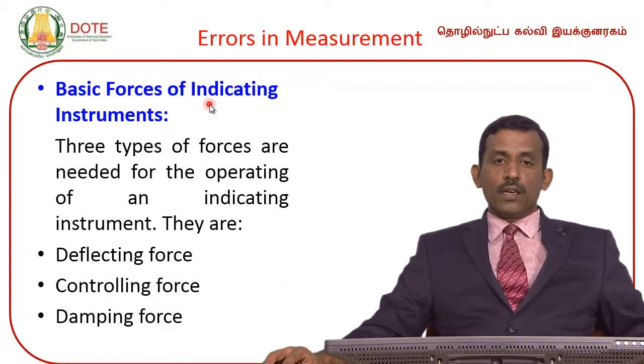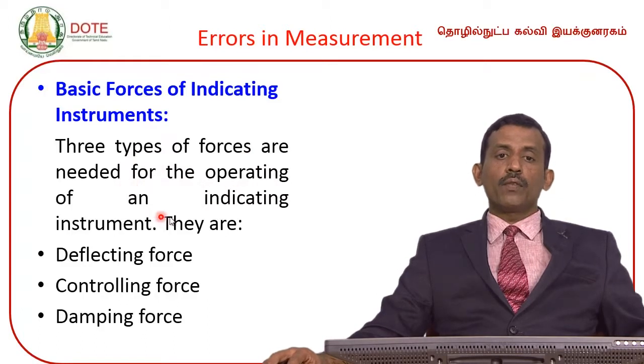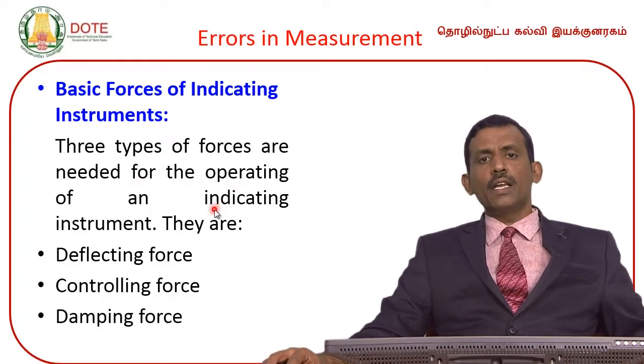Now let us see what are the basic forces of indicating instrument, right? There are 3 types of forces needed for operating an indicating instrument. What is an indicating instrument?